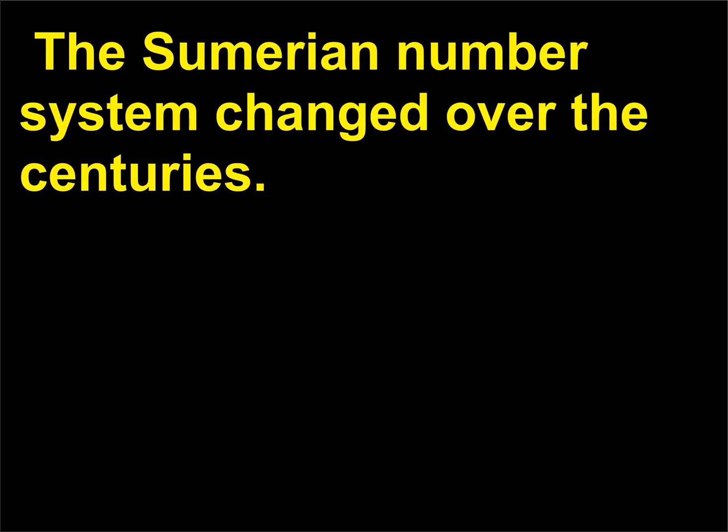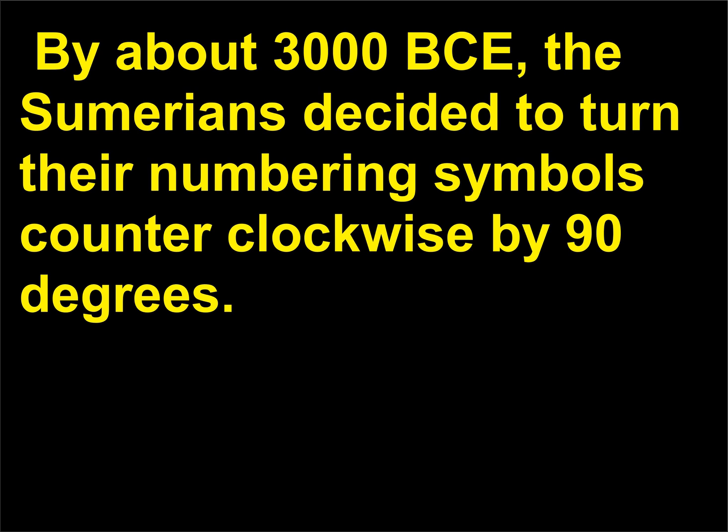The Sumerian number system changed over the centuries. By about 3000 BCE, the Sumerians decided to turn their numbering symbols counterclockwise by 90 degrees.